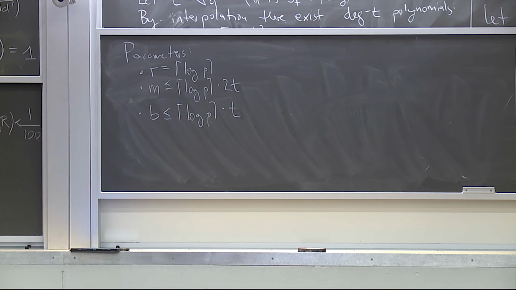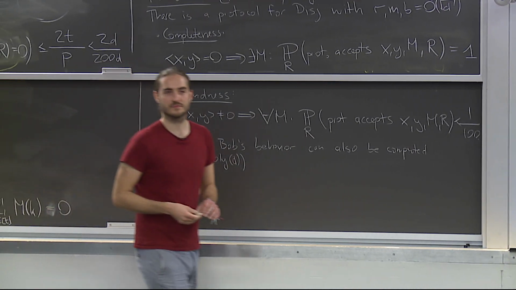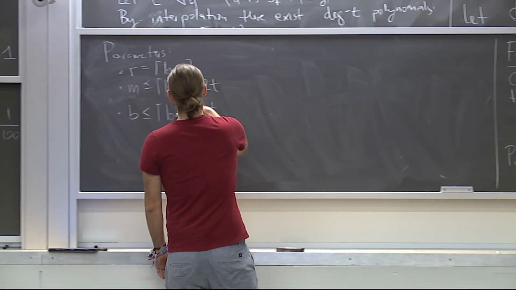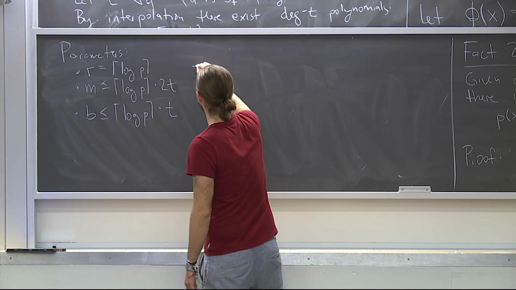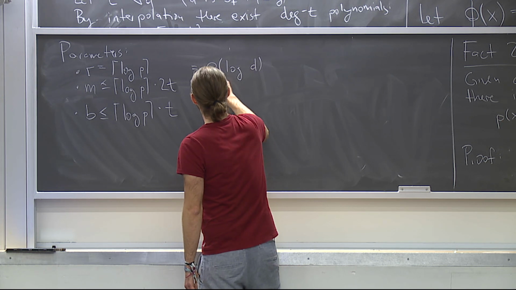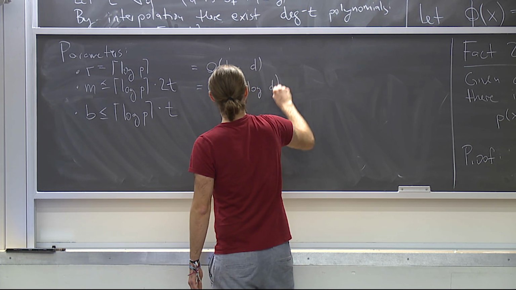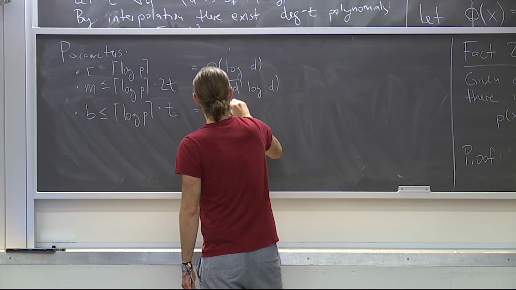Well, because the protocol tells us that Bob sends the evaluation of his polynomial at a point. Good. And now, well, this is just log d. t we chose to be root d, right? So this is log d, this is root d log d, and this is root d log d.